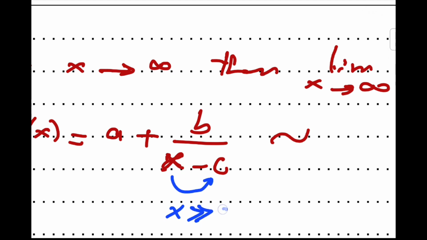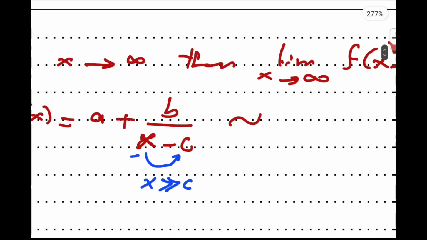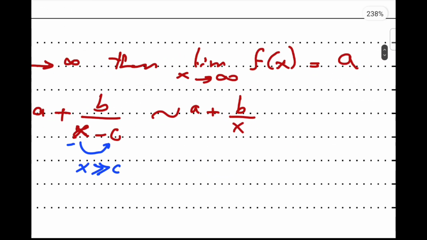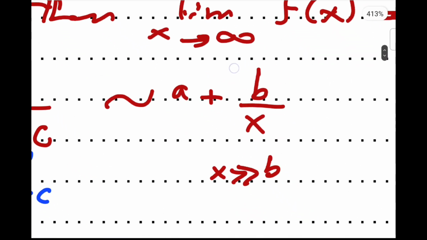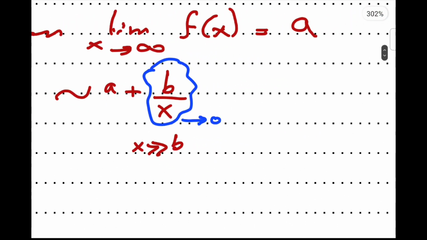When x is much larger than c, then the term x dominates and this behaves like a plus b over x. And also, as x becomes large, which is greater than b, this term approaches 0, becomes very small, so the behavior becomes a.